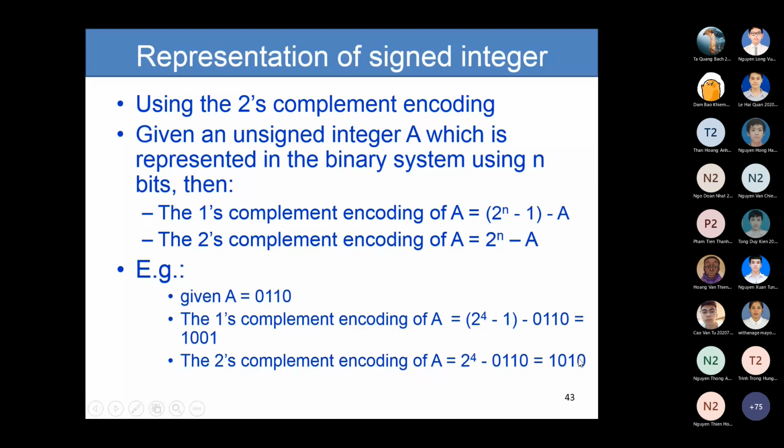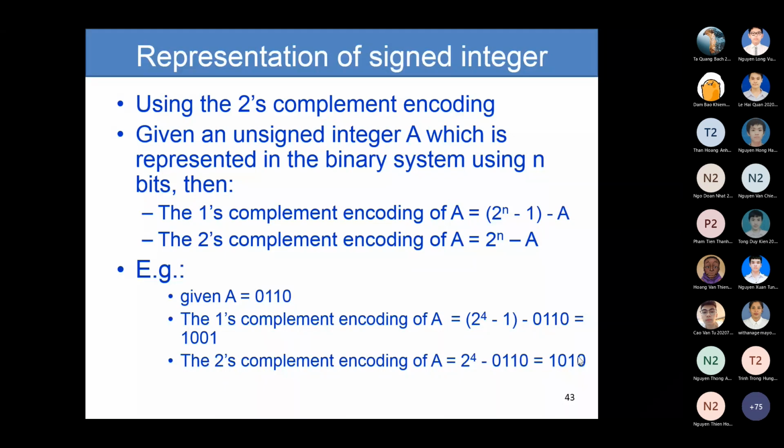So, in summary, the algorithm to find the representation of a signed number in a computer: first we convert that number without the sign into the binary system, and then we find the first complement encoding by using the NOT function, right?